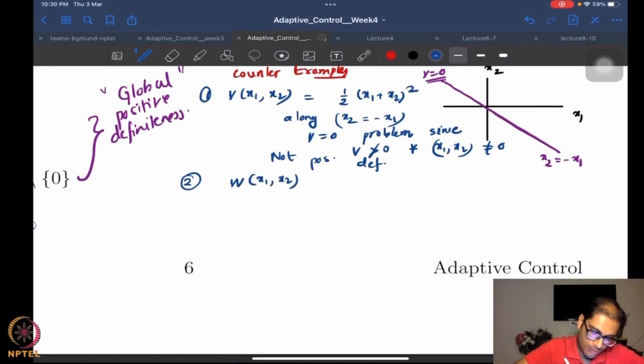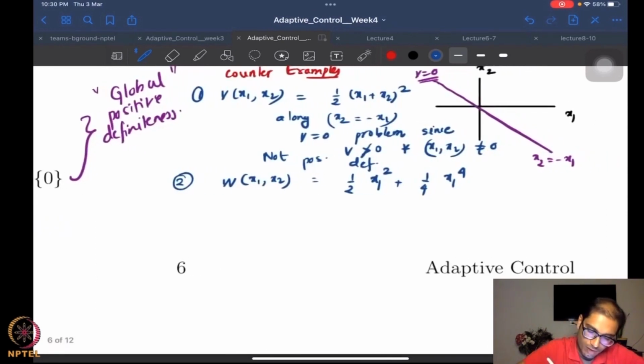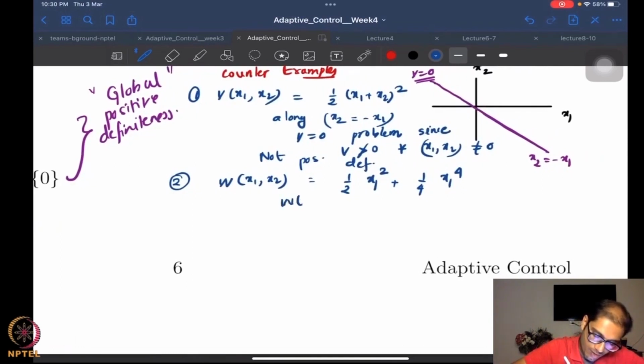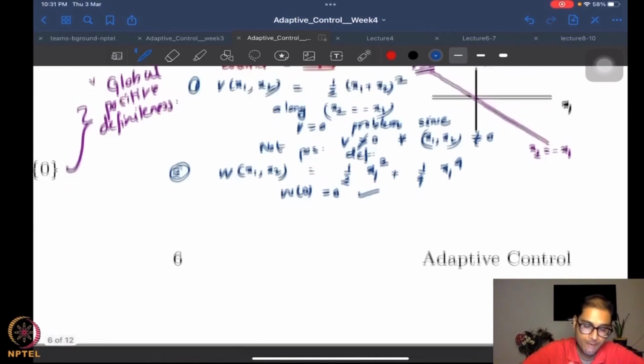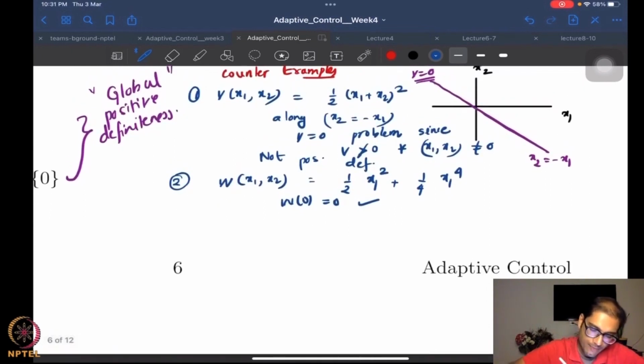W(x1, x2) is equal to half x1 squared plus 1/4 x1 to the 4. Is this positive definite? Of course W(0) is 0. Great. But what happens?